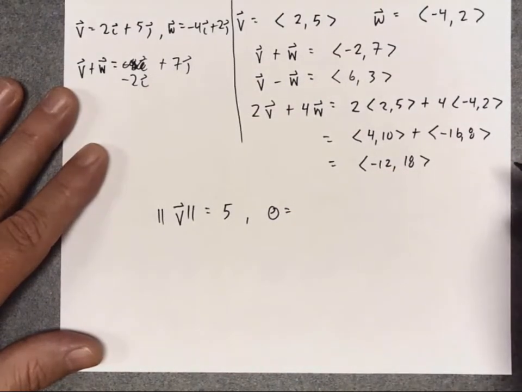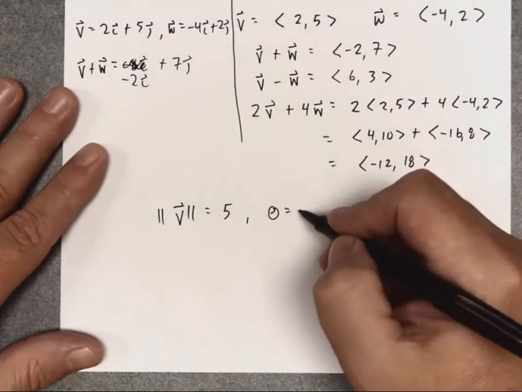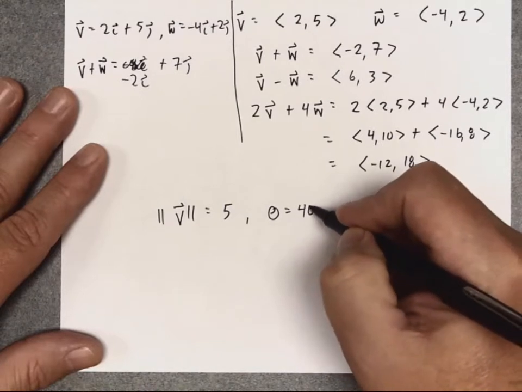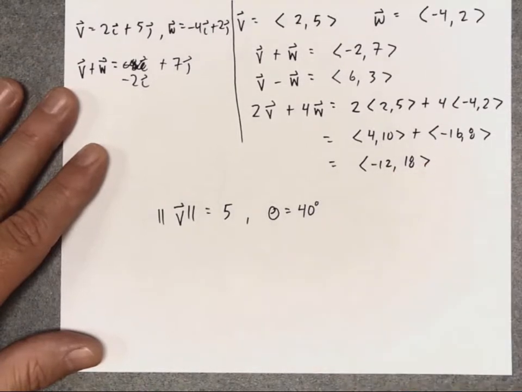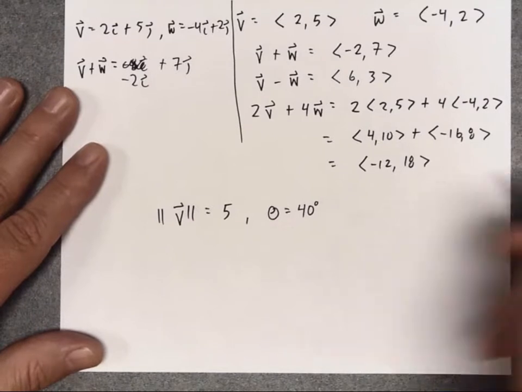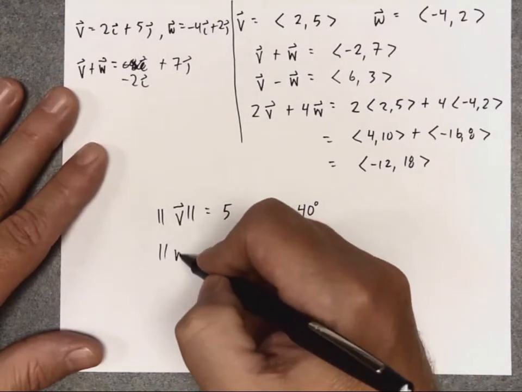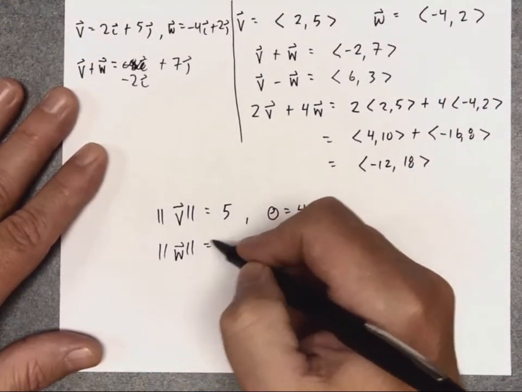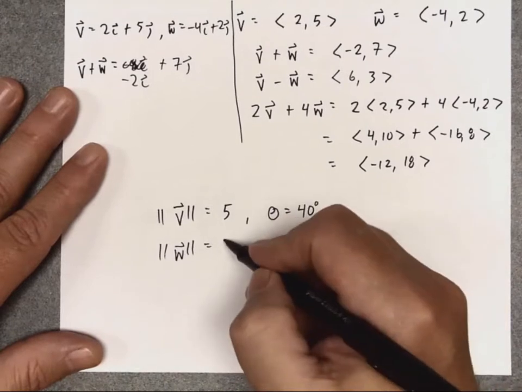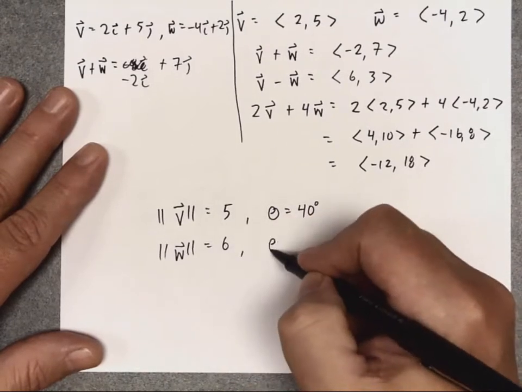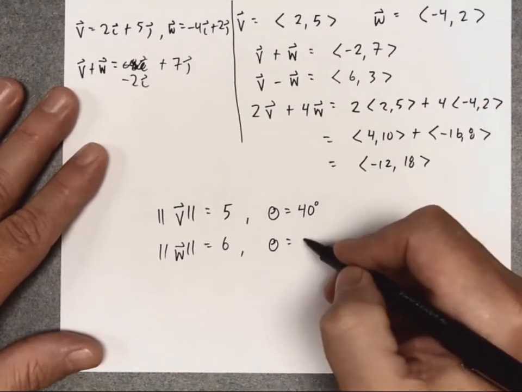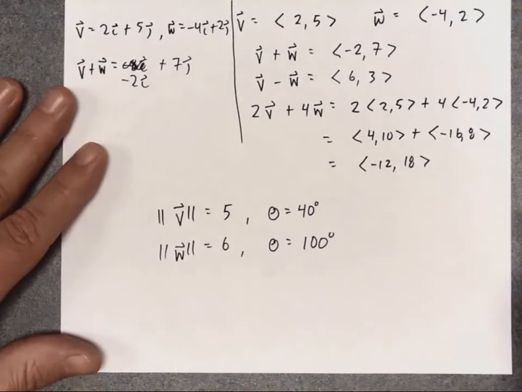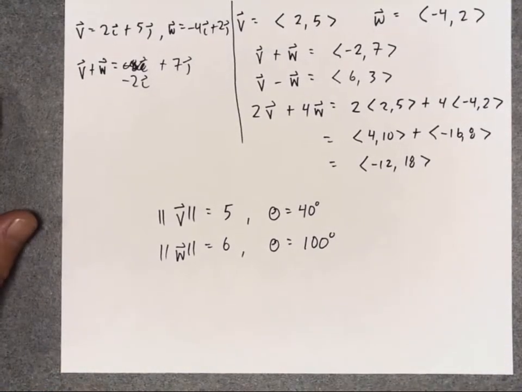The angle of vector v is 40 degrees. Then I have my second vector w. Its magnitude is 6. And its angle is 100.